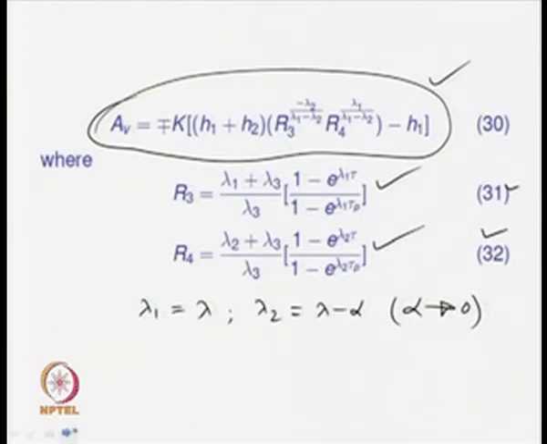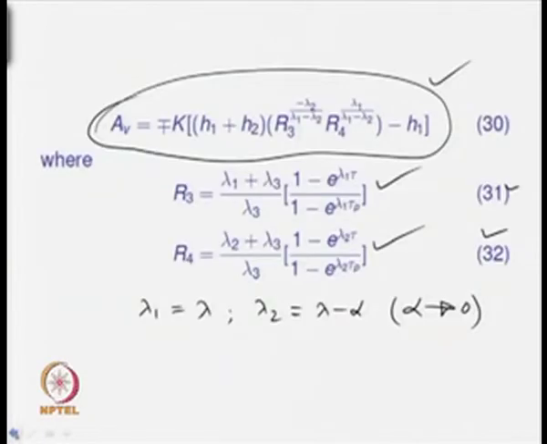So, how does our R3 become? Now, R3 is equal to, let me use the values here. Again we have seen that lambda 3 is there, so I have to impose a condition on that also. I know that lambda 3 tends to infinity.